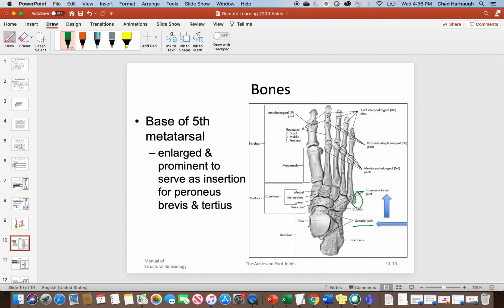And when we were talking about the difference between pronation and supination, in this illustration I can draw it out here for you. So this would be your right foot. During supination we would see the talus moving, adducting, and then during pronation we would see the talus abducting or moving away to the outside of the foot.